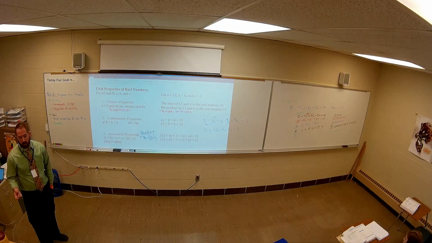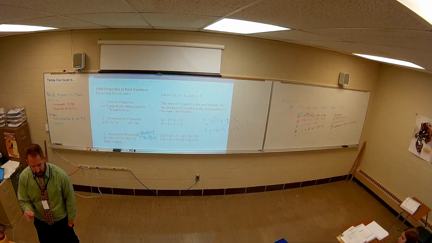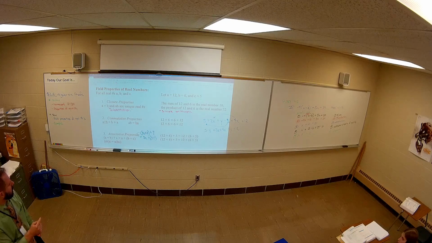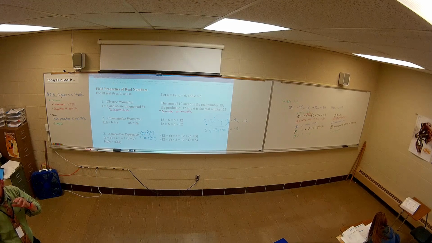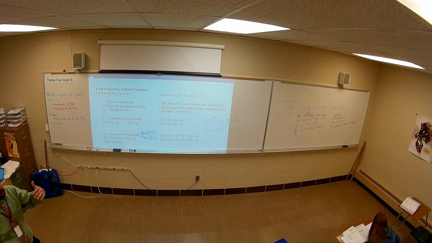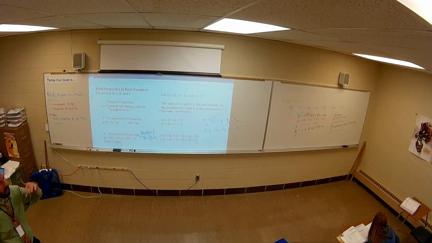Here's what I can tell you right now. Associative is a 100% guarantee with distribution. On that last problem we did, problem number 6, where I had the -4 and distributed it through the parentheses, I skipped a step. There is a step going from line 1 to 2 where you actually have to move the parentheses, because the parentheses were keeping the -4 out of them.